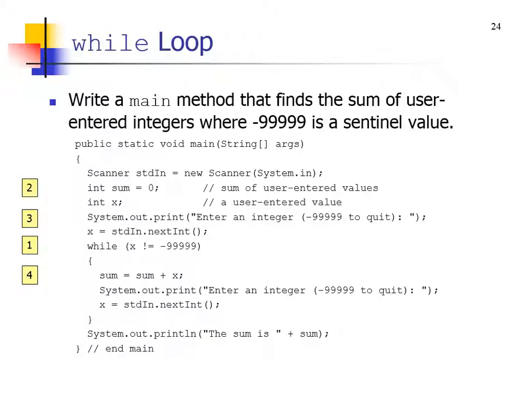So sum is now going to equal 10, because sum is 0, X is 10, sum is 10. Enter an integer, 100. Well, now it comes back because it wasn't negative 99,999, right? So now I'm at 110. Enter an integer. And then once it's done, it'll print out the sum that you entered.